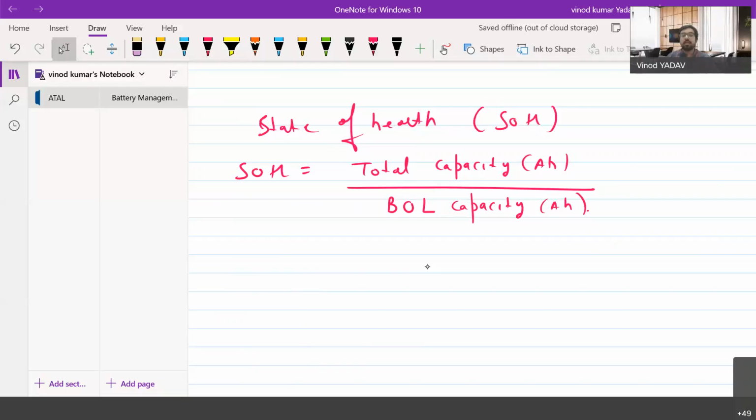Again, the unit is in ampere hour. So initially let's assume the beginning of life is 100%.